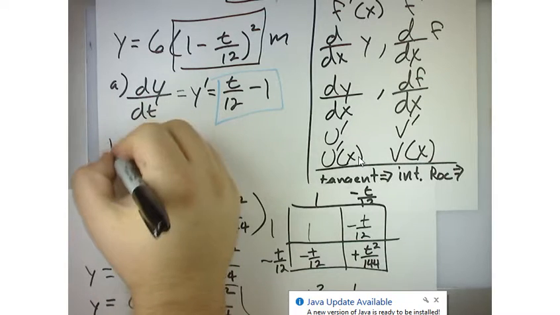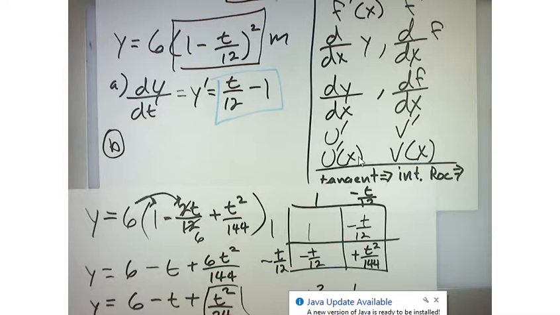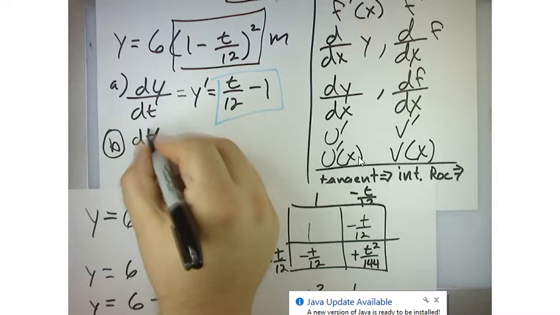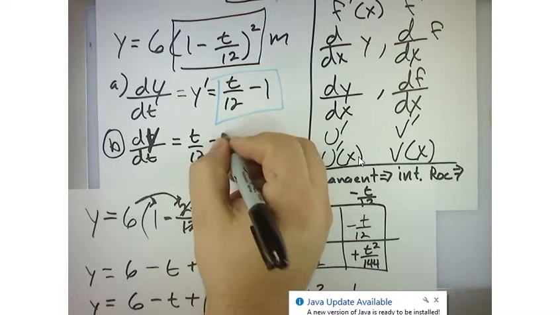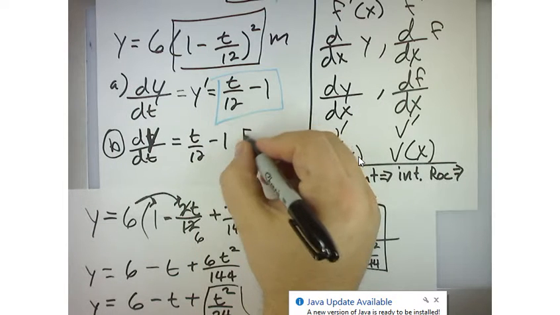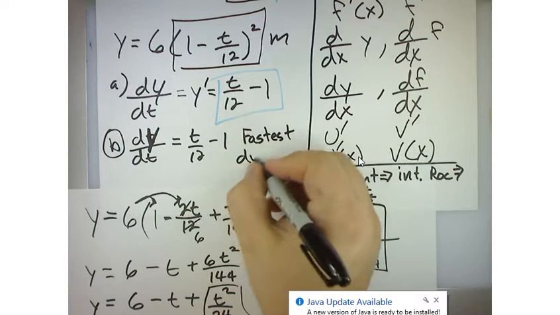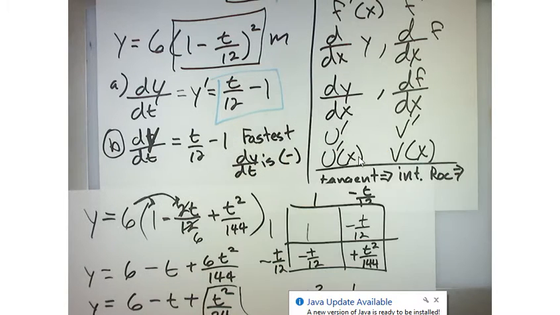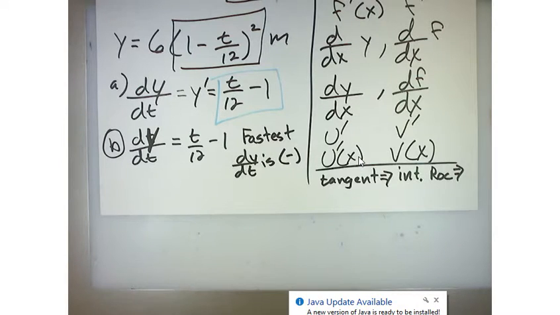Well, we got to think about this. Based on dy/dt, it's the fastest when dy/dt is the most negative. Now t represents time, so I'm never going to have a negative value for t.